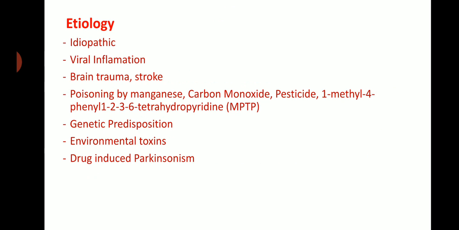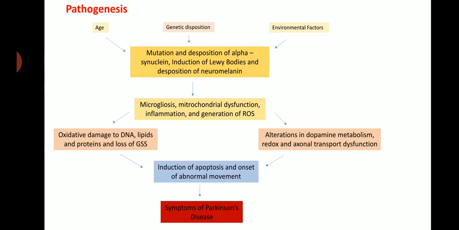Now we can see the pathophysiology or pathogenesis of Parkinson. We are seeing Parkinson pathophysiology in different types. First, it depends on risk factors like age, genetic predisposition, and environmental factors.